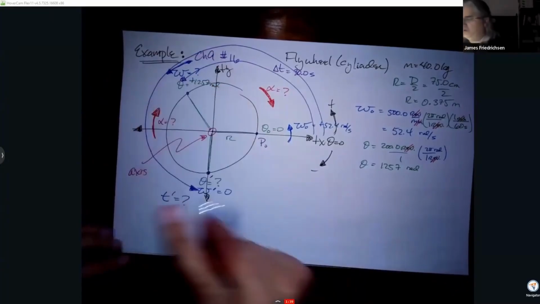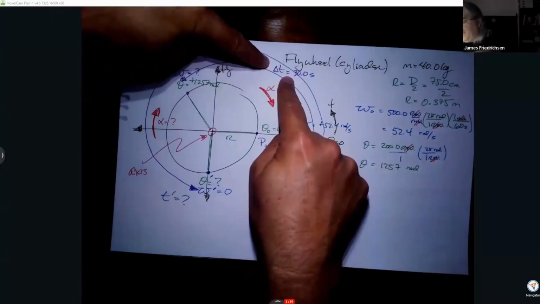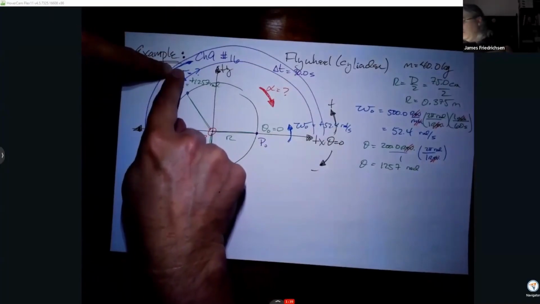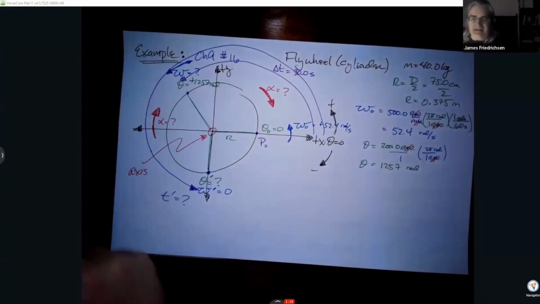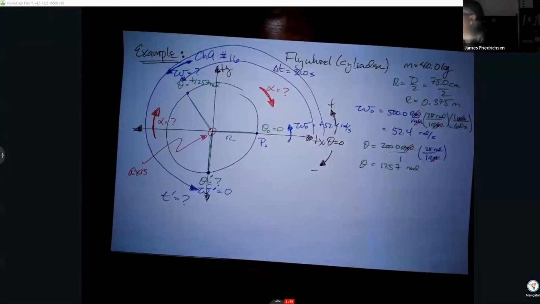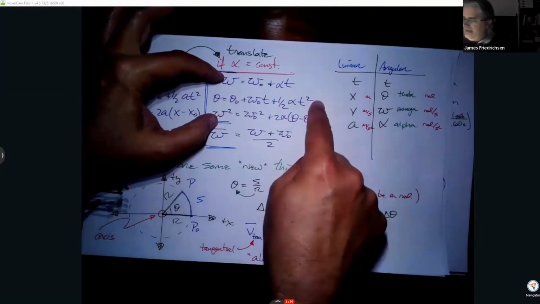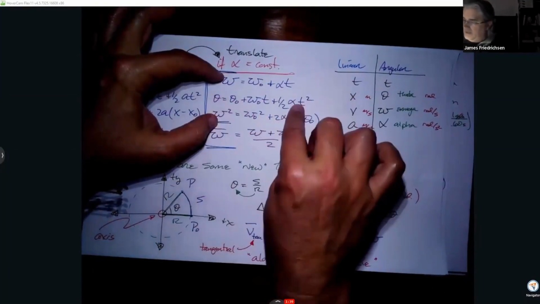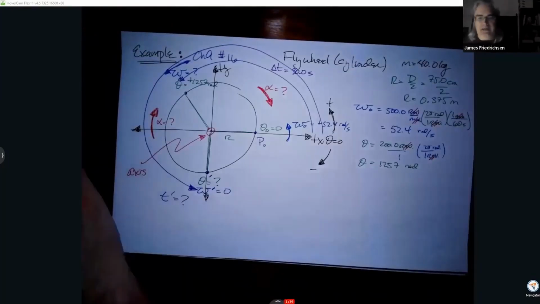And so if we're going to start here and end here, then I know the time, but I do not know this final angular speed at this point, but I know the angular position. And so if we look at our kinematic equations, the one that doesn't contain the final angular speed is the second one, so we're going to use it to solve for alpha. Okay, so let's go in and do that.